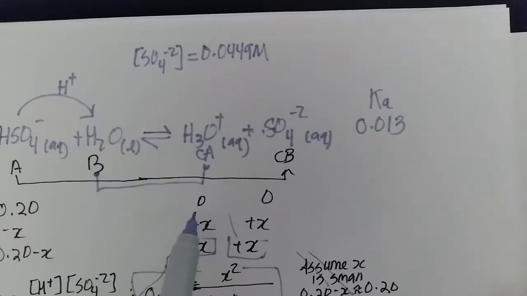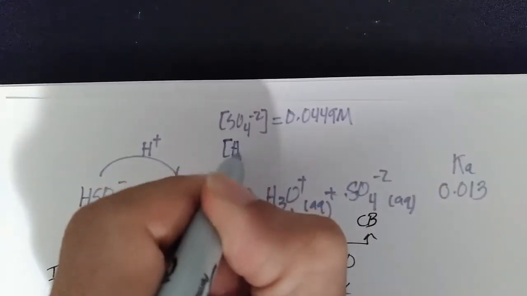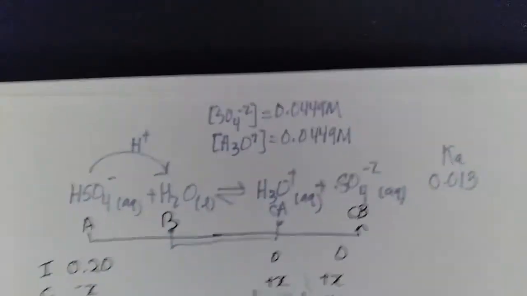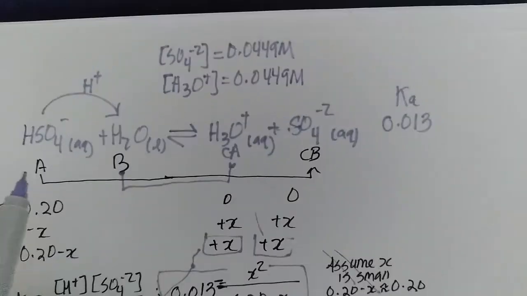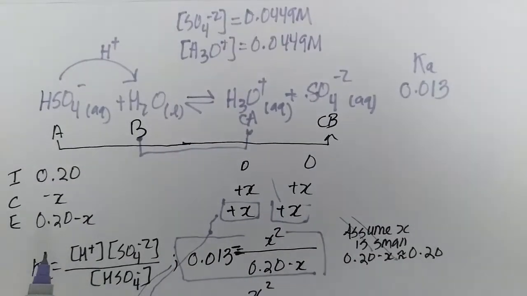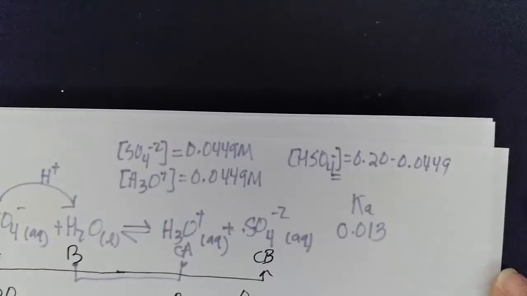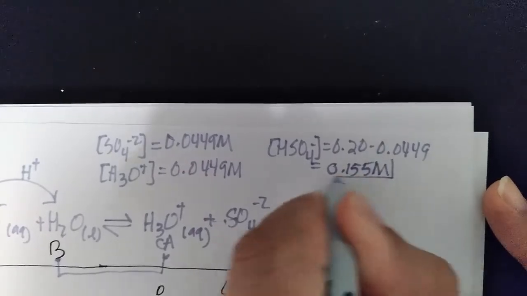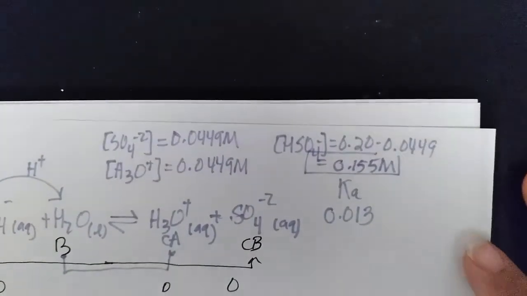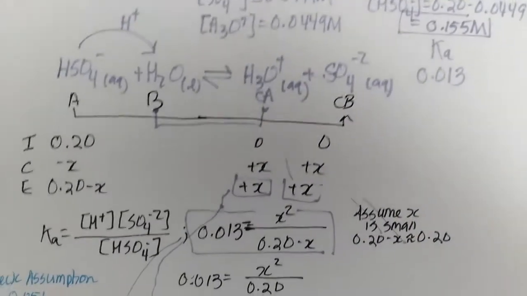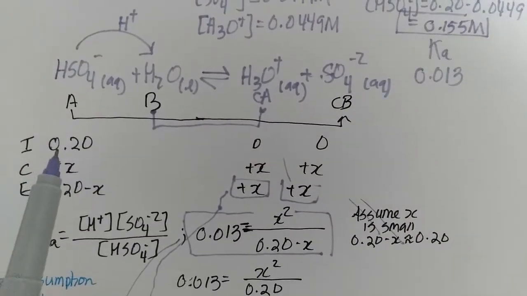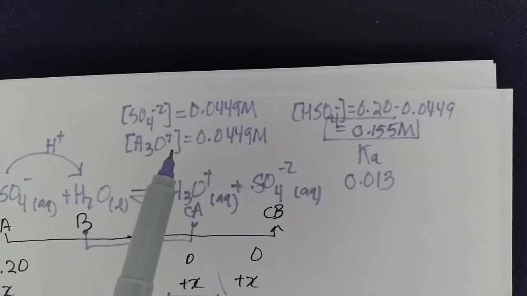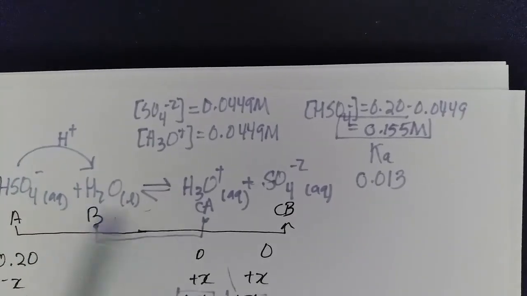The concentration of H3O+ is going to be 0.0449, the same. The concentration of hydrogen sulfate is going to be 0.20 minus 0.0449, and on my calculator I'm getting 0.155. Don't forget to put in your units of molarity, moles per liter. So the big picture: if you have a 0.20 molar bottle of this, you don't just have hydrogen sulfate, you have protons and you have sulfate ion. All of this is in the solvent of water.